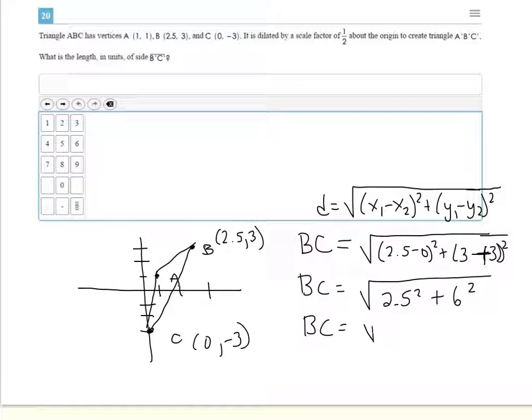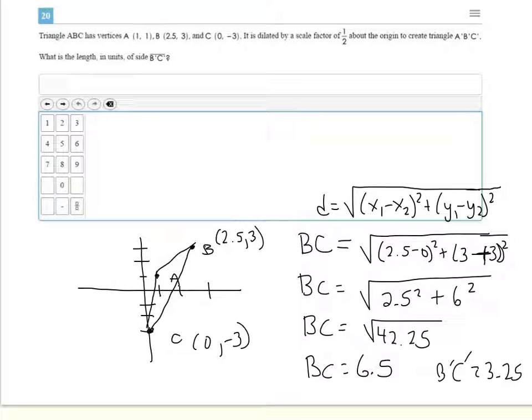So I just put this in the calculator. I get the square root of 42.25, which gives me 6.5. So BC is 6.5. So B prime C prime, which has to be half of that, would just be half of 6.5, which would be 3.25. I just got that with 6.5 divided by 2.